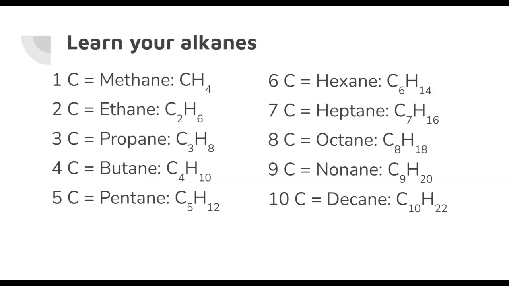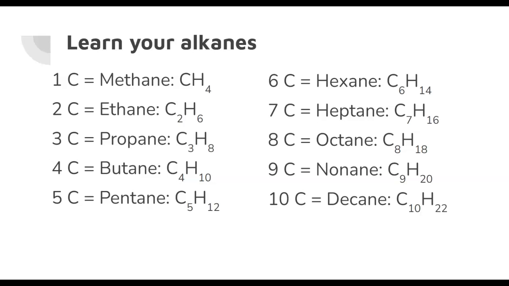So the first column where you see 1C, 2C, 3C, that represents how many carbons it has. So let's take a look at methane. You'll notice by methane it says 1C, and if you look at the chemical formula, it just has nothing, which we assume is 1.